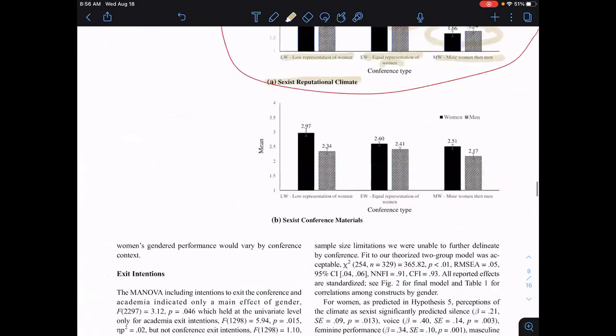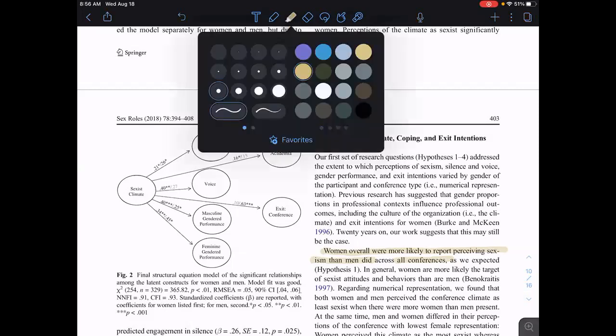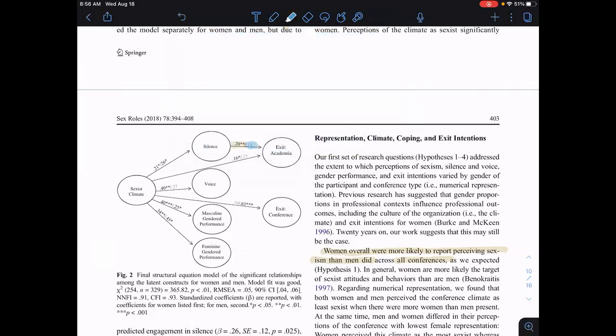Now, a path analysis, they didn't give their theoretical model first. They just went straight to the structural equation model, path analysis. And what you're seeing here are the beta weights for women and, let me change colors, the beta weights for men.